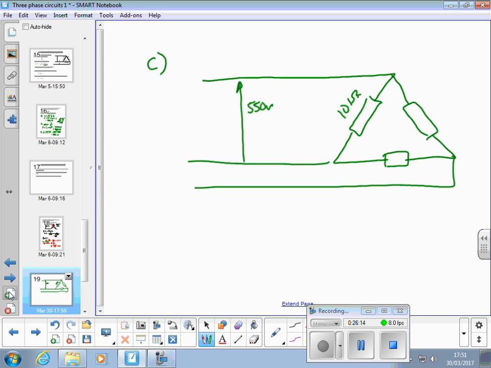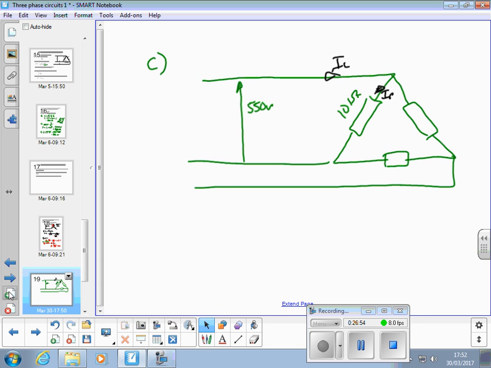Now the question's asking, calculate the total power dissipated in delta. So what do you think is the best way to go about that? We haven't got line current or phase current. But what have we got? We've got resistance and we've got voltage.